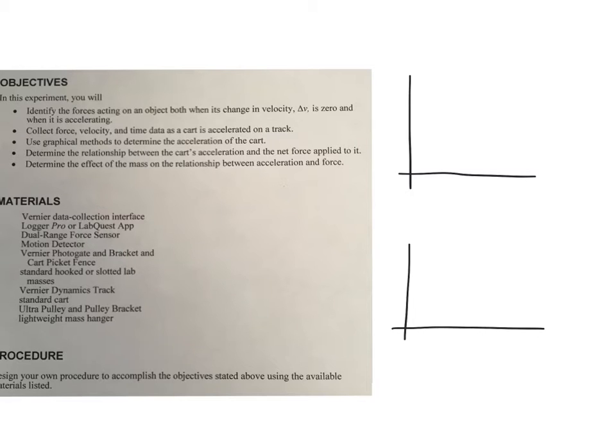Okay. So if we look at our graphs here, and if we were to draw what our graphs would look like, let's take a look at force versus time and velocity versus time. I'm going to start in red. And in red I want to draw what the force-time graph and the velocity-time graph would look like if we had, let's say, a constant force applied.